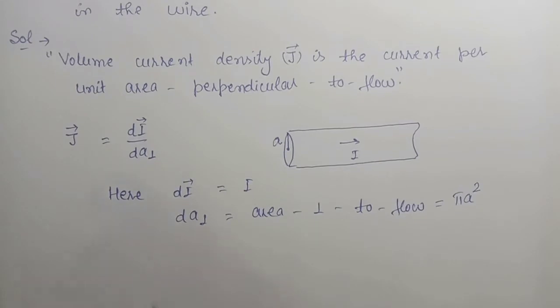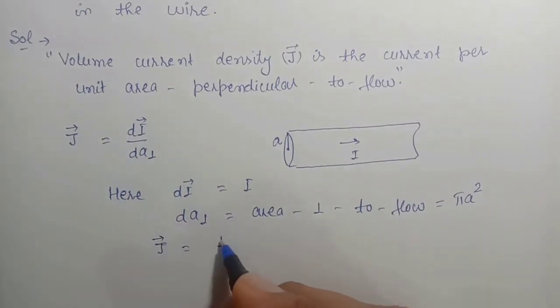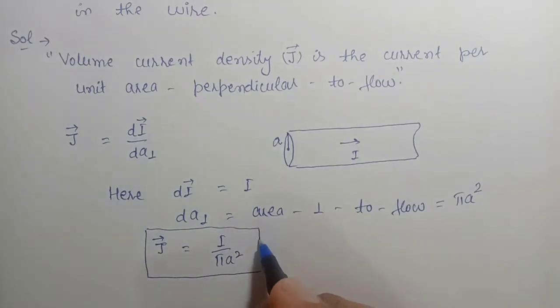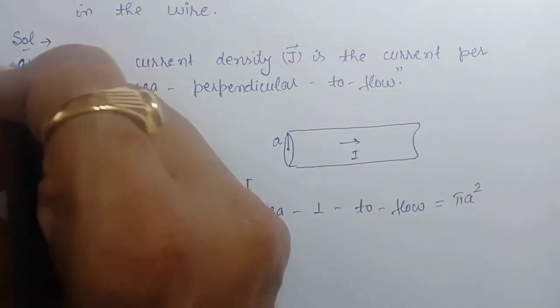So finally the current density is equal to I over pi a square. Okay, so this is the first part of the problem.